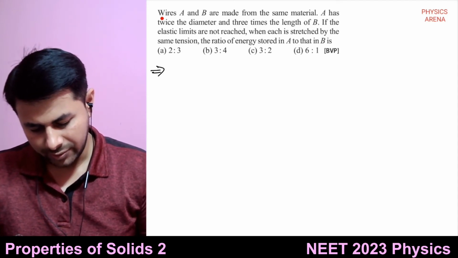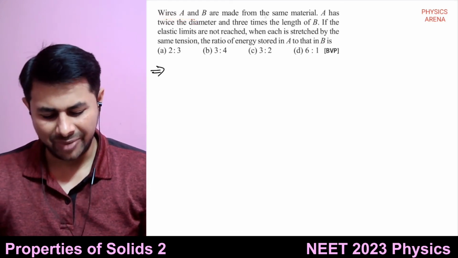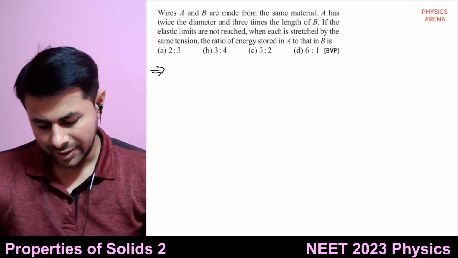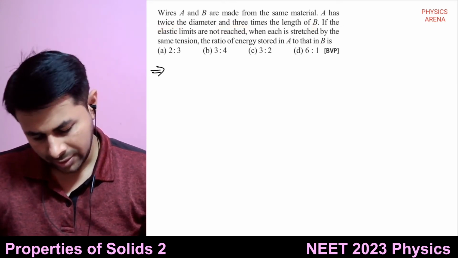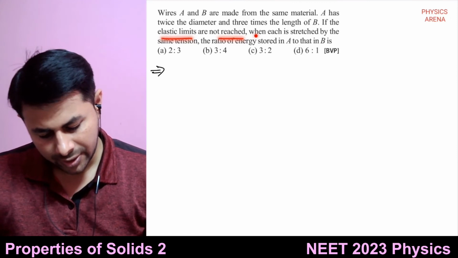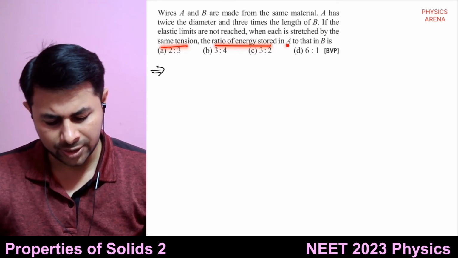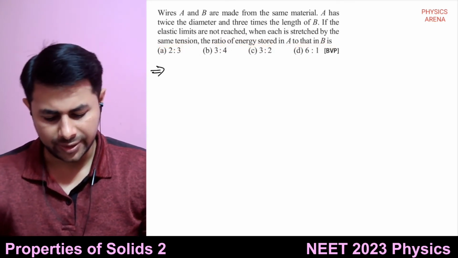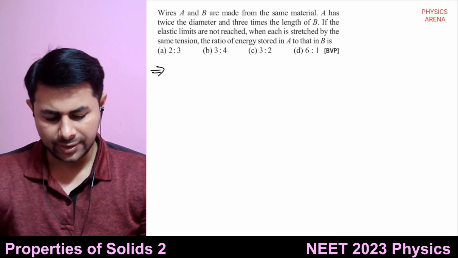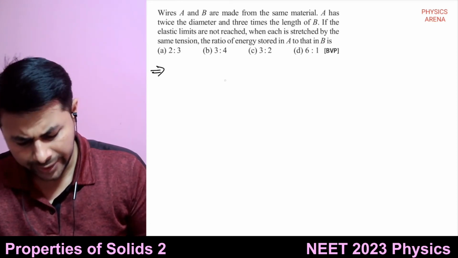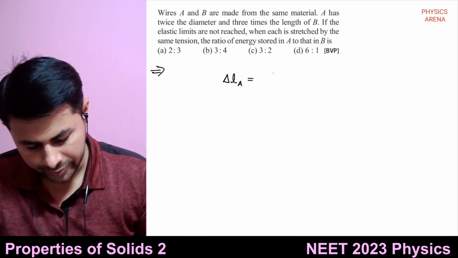Next question. Wires A and B are made from the same material. A has twice the diameter and 3 times the length of B. If the elastic limits are not reached when each is stretched by the same tension, the ratio of energy stored in A to that of B is? Tell me. So extension delta L in A is equal to what?